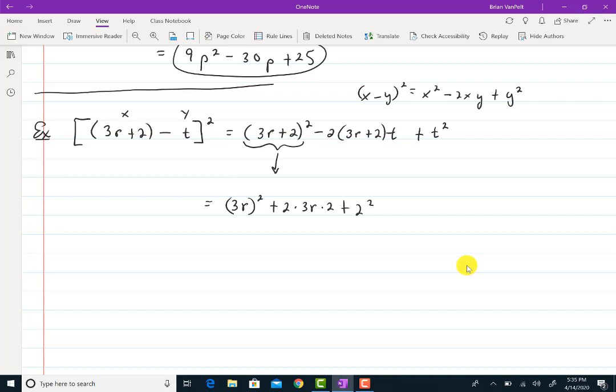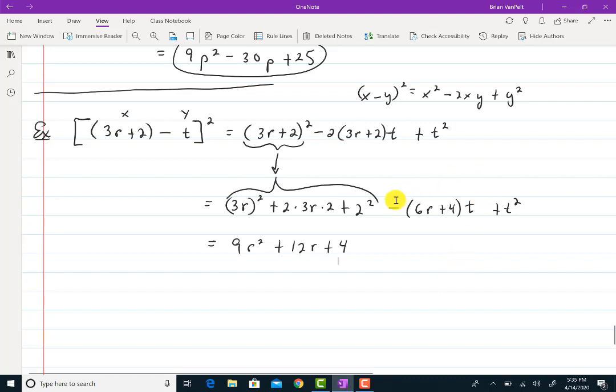So that piece is responsible for that. Now I'm going to start to multiply this out. So I get 6r plus 4 times t plus t squared. 9r squared plus 12r plus 4.